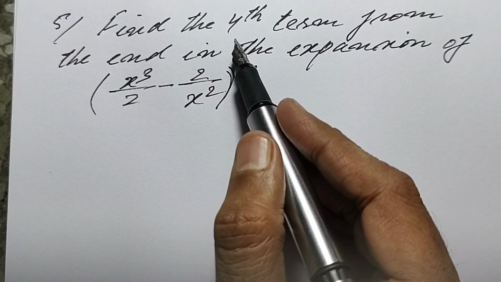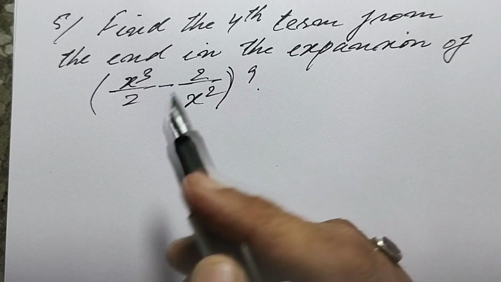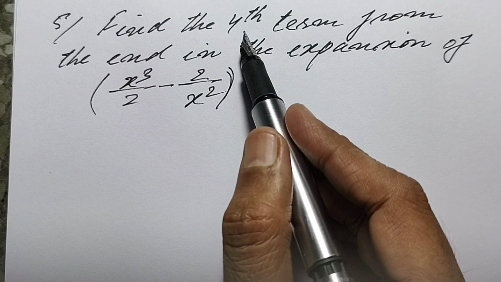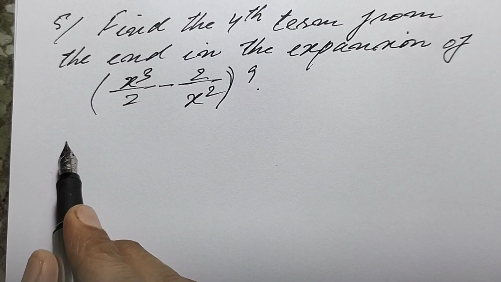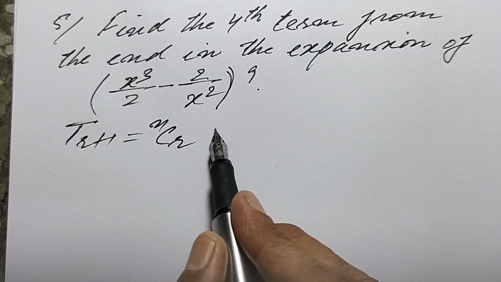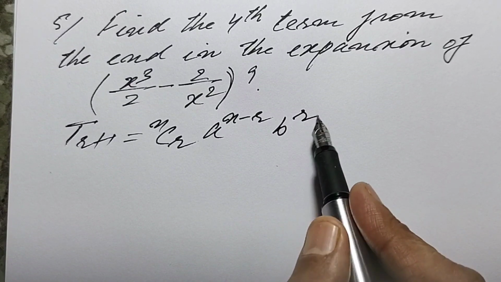Now the next most important type of question based on binomial expansion is if we need to find out a particular term in an expansion from the end of the expansion. Be careful, from the end we need to find out the fourth term, not from the beginning. As we know, T(r+1) from the beginning is nCr a raised to the power n minus r, b raised to the power r.